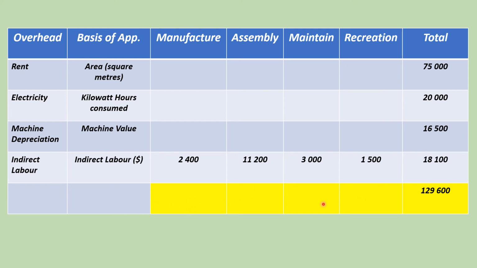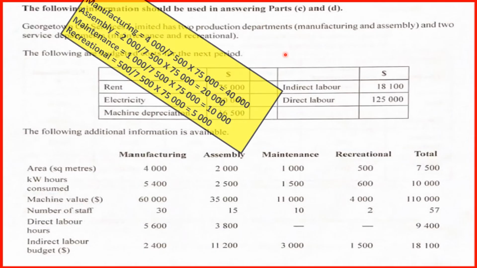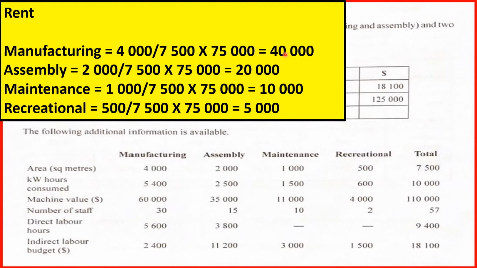When we add our total across, it should equal this, and we know that it is correct then. Right, first we'll do the workings.